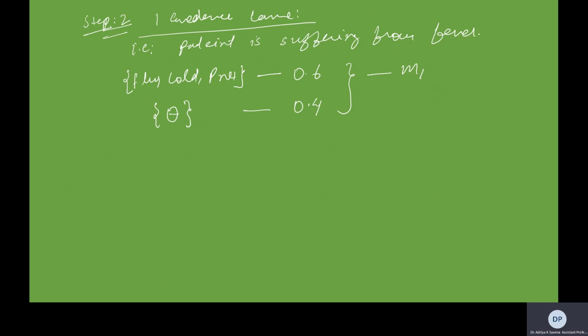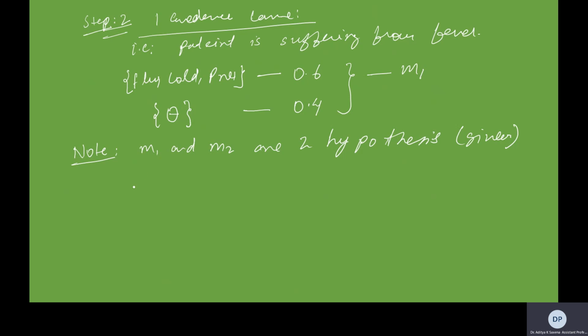Now note an important point. Suppose M1 and M2 are two hypotheses given. Generally, these two hypotheses will be given to you initially, along with the evidences, and the theta set will be given in the question.